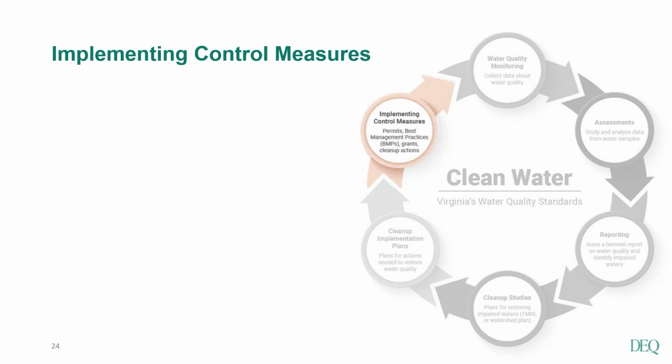Well, I think that the TMDL itself, to be a final approvable TMDL, and our TMDLs are reviewed by our State Water Control Board, and EPA reviews and approves as well. It has to demonstrate that implementing the TMDL would result in meeting our water quality standards, right?